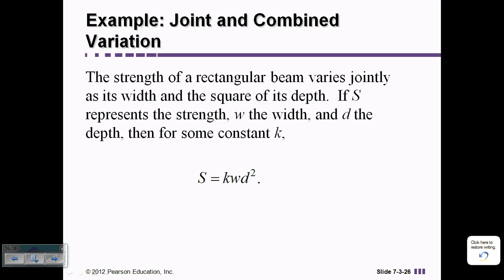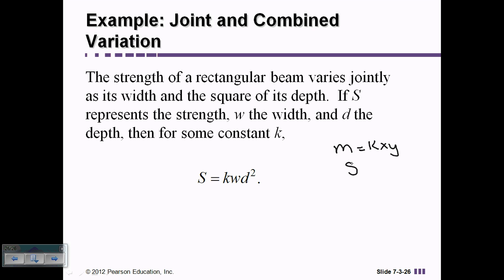So let's look at this. The strength of a rectangular beam varies jointly as its width and the square of its depth. If S represents the strength, W represents the width, and D represents the depth, then for some constant K, we're looking at the formula M equals KXY.